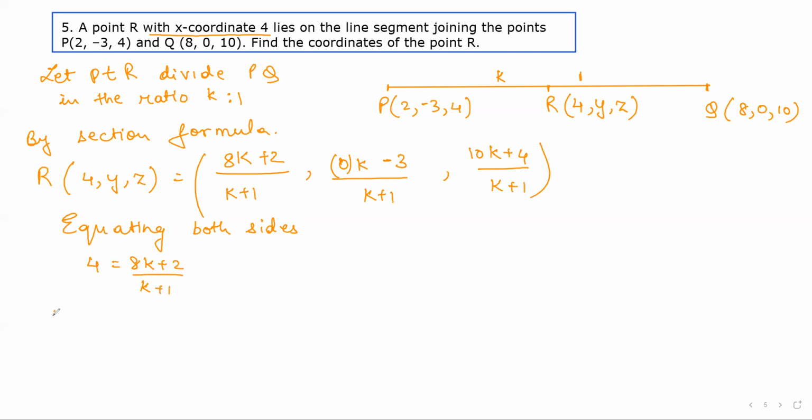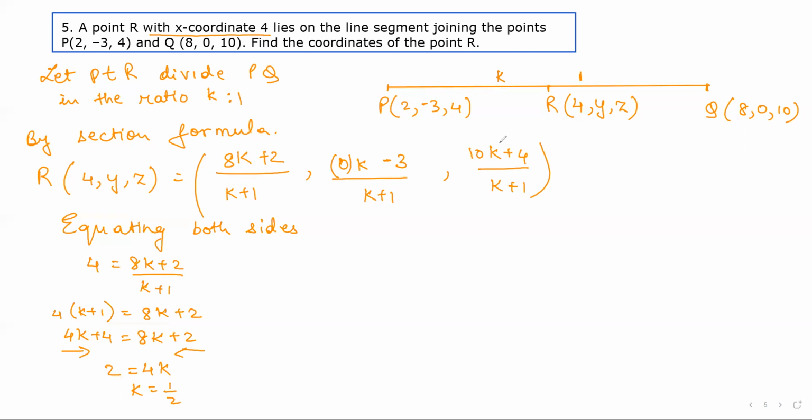Take k plus 1 to the other side. 4 into k plus 1 is equal to 8k plus 2. That means 4k plus 4 is equal to 8k plus 2. Taking 8k to the left side and the constant to the right side, you have 2 is equal to 4k, and k is equal to 1 by 2.